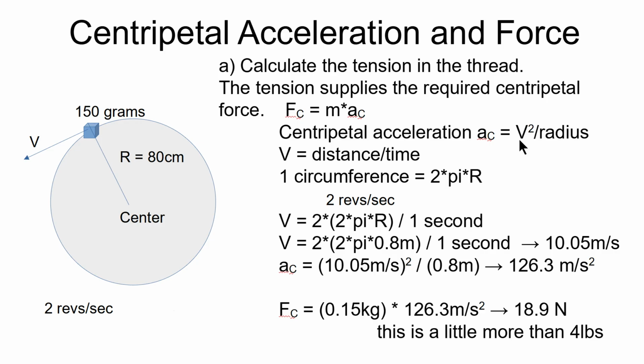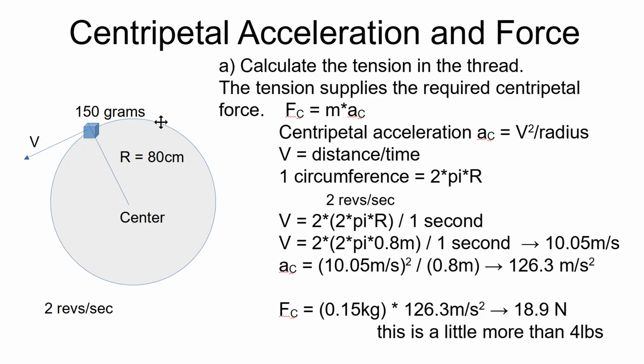So our speed here, the magnitude of the velocity, is in meters per second, radius in meters, and we'll get a centripetal acceleration. Our speed, the magnitude of our velocity, is found from distance over time. The distance that the object is traveling around this circle divided by the time. Well, the distance is the circumference.